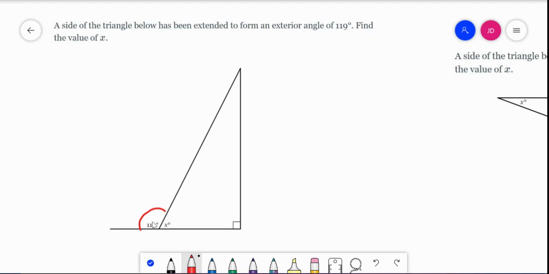Now, to figure out this angle in here, we know that it forms a linear pair because we know we have a straight line here. This is a straight line, right? So to figure out what x is, you would do 180 minus 119, and that is 61 degrees.